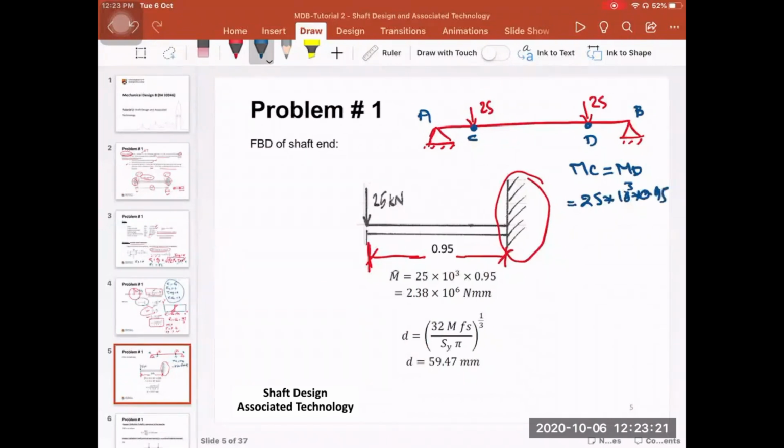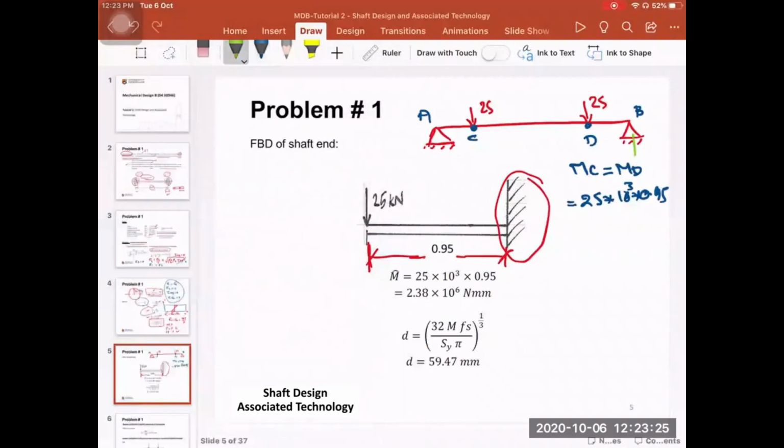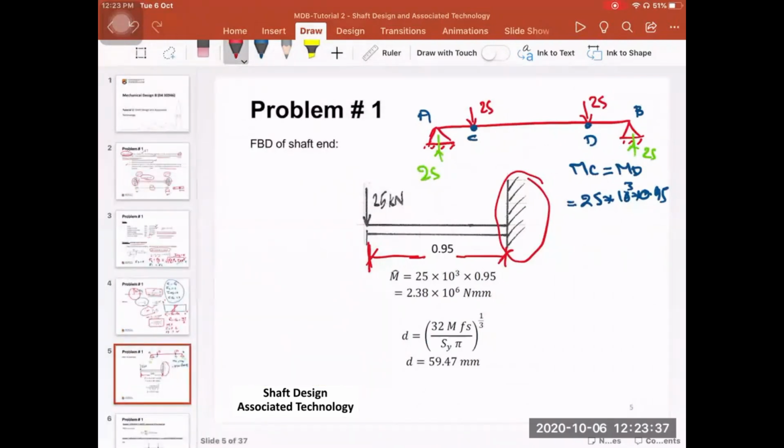Even if you calculate the reaction forces, due to the symmetry in the problem, both reaction forces are going to be the same, 25 kilonewton. So this here gives you the maximum bending moment, which is 25 times 10 to the power 3 times the distance.